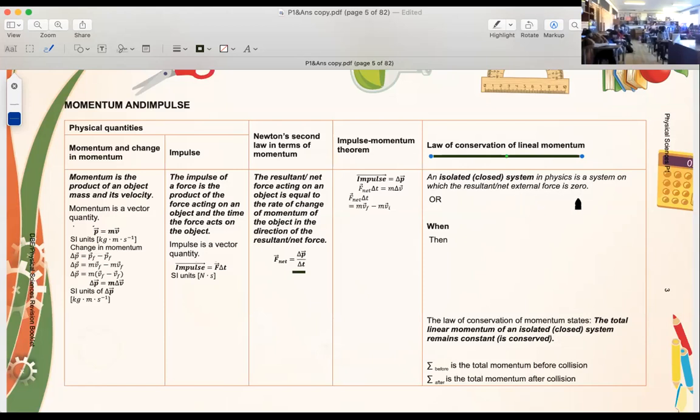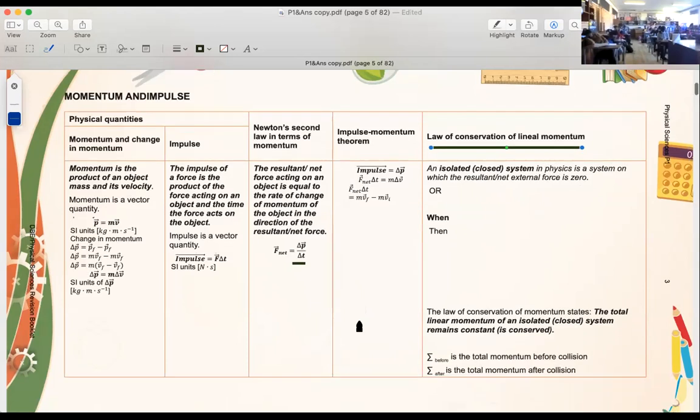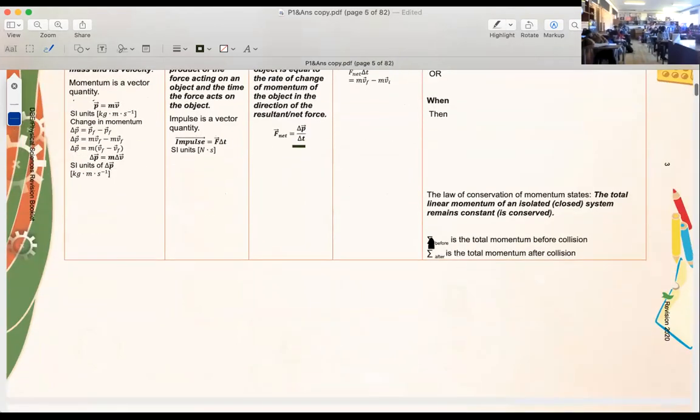That was going back to that work energy power problem we did an hour ago, which I'm sure you haven't forgotten. Okay, so with only these few formulae involved, here's another formula. The sum of P before is the total momentum before the collision. There should be a P there. And the sum of P after is the total momentum after the collision.